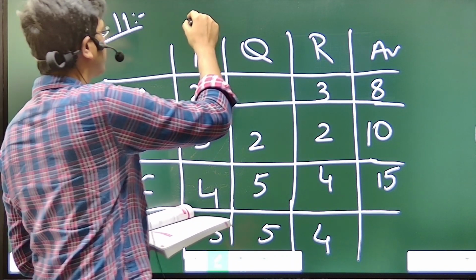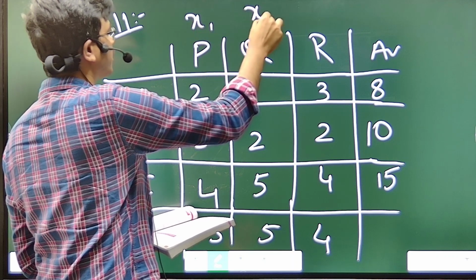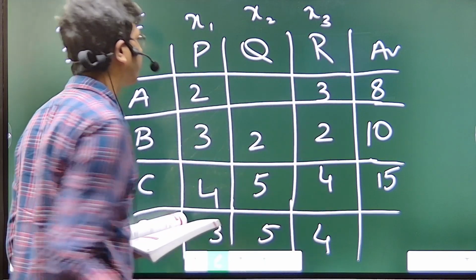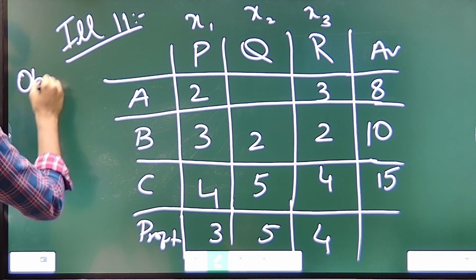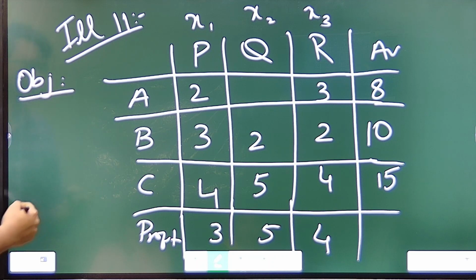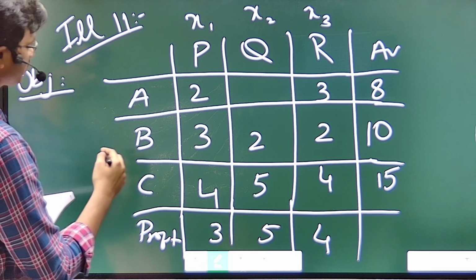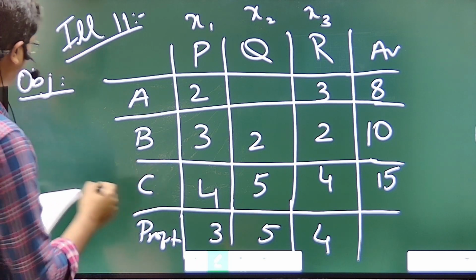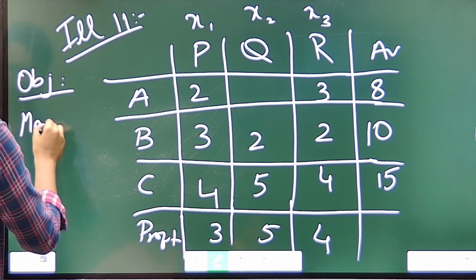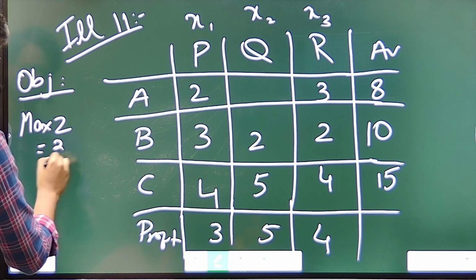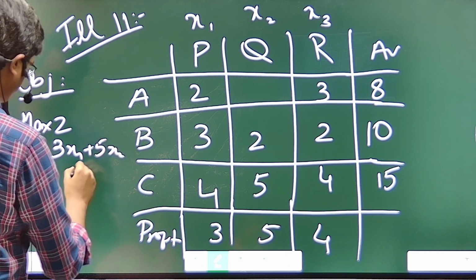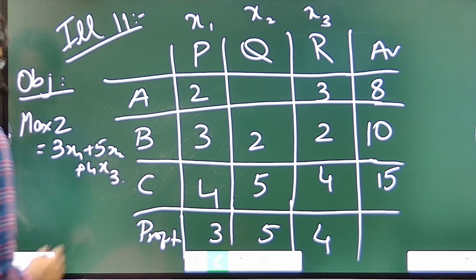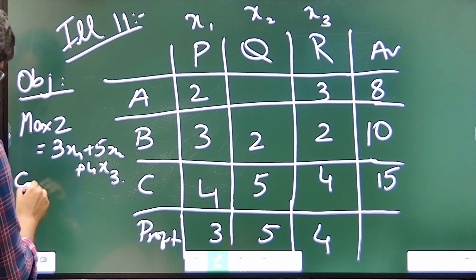P, Q, and R, so this will be x1, x2, and x3. Objective function: maximize z is equal to 3x1 plus 5x2 plus 4x3. Correct. And then the constraints.